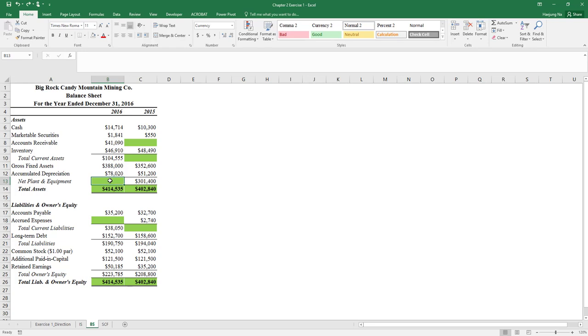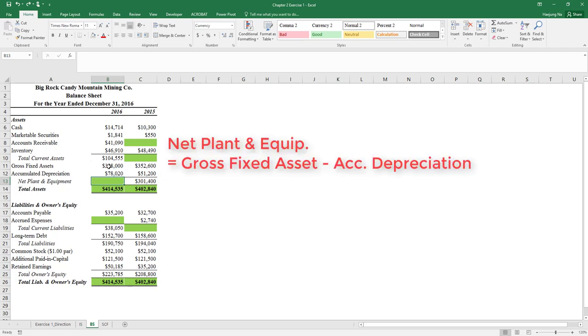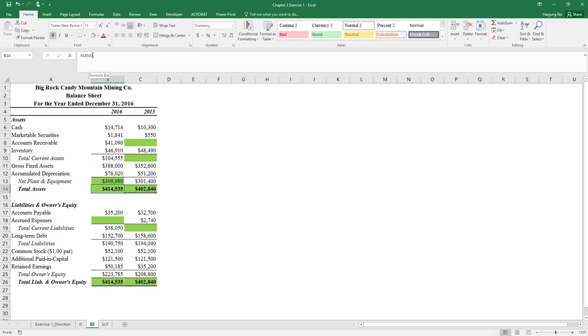The best example would be this net plant and equipment value. It's probably easier to go straightforward by taking accumulated depreciation out of fixed assets. So how do you do that? This would be gross fixed assets minus depreciation, which should equal net plant and equipment, right?